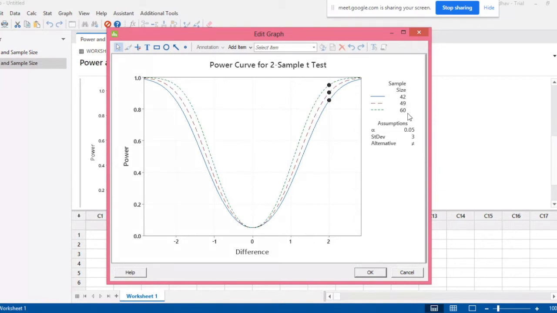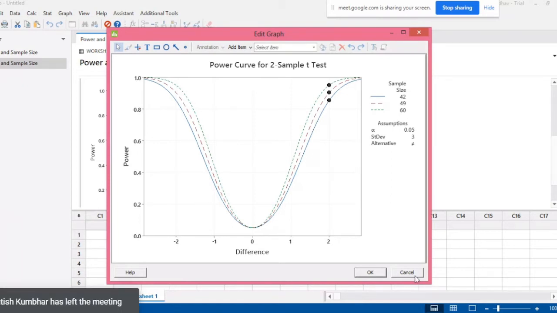So before going for any test, it may be 2 sample t-test, 1 sample t-test, one-way ANOVA or multiple ANOVA, we have to decide what should be the sample size. For that purpose, I have started with this topic because this is very important. If your sample size is not appropriate, your decision may be wrong because you have not taken the appropriate sample size.